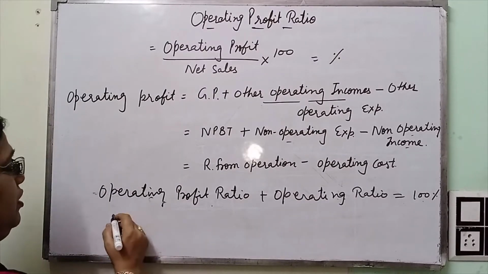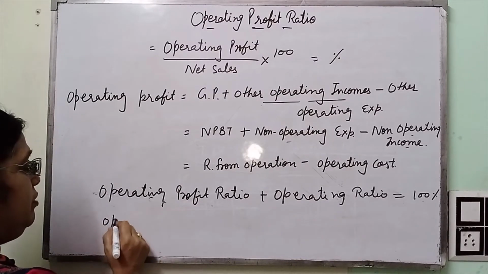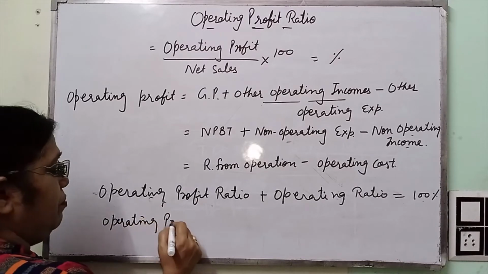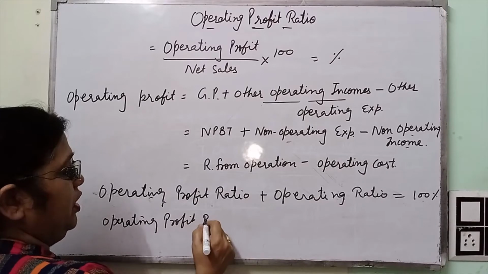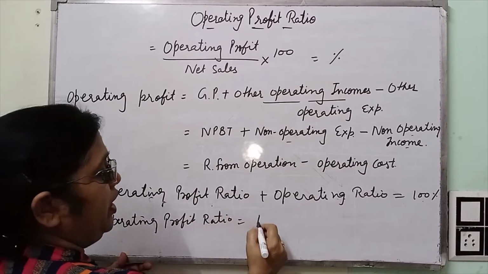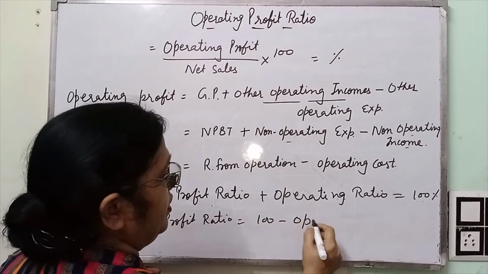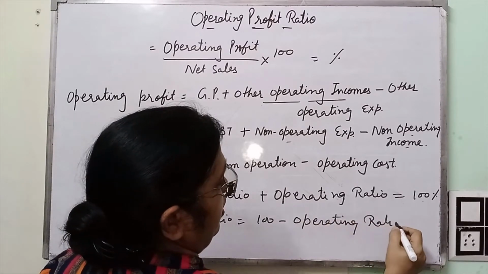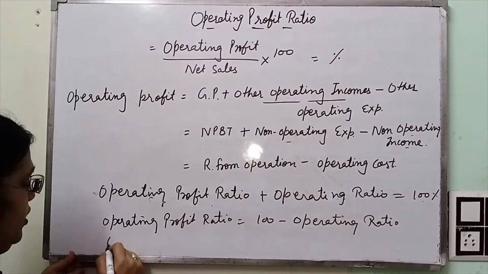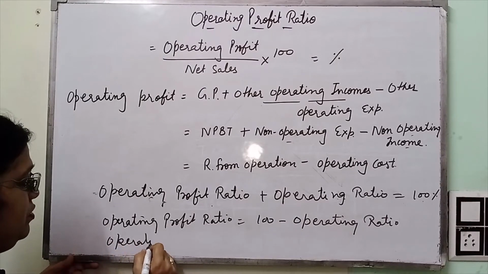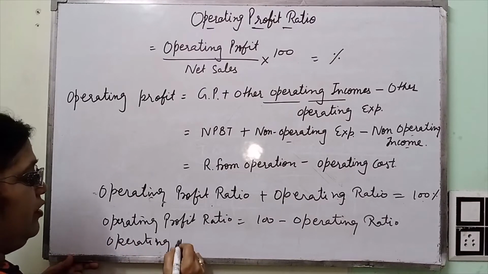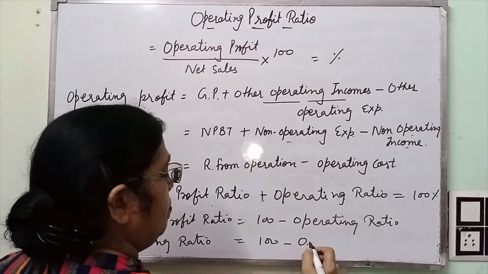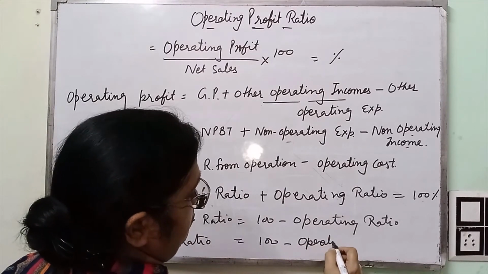For example, if we want to calculate operating profit ratio, then it will be equal to 100 minus operating ratio. In the same way, if we want to calculate operating ratio, then it will be equal to 100 minus operating profit ratio.